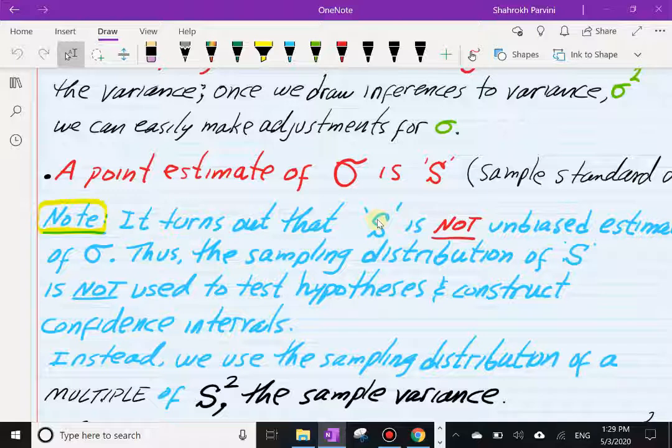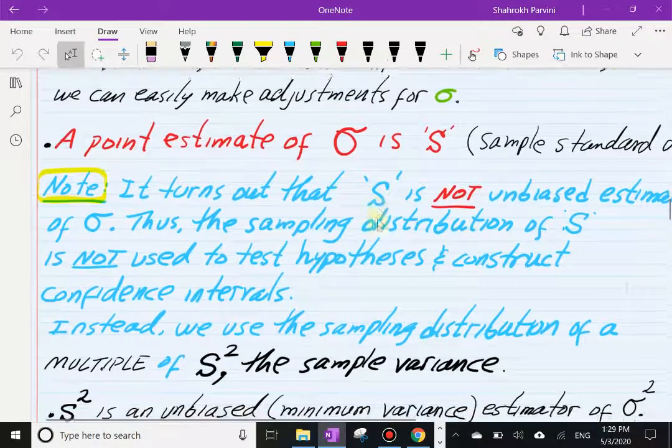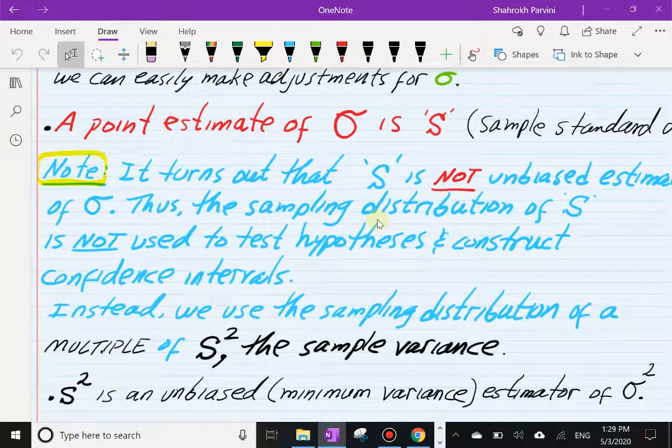So instead, what are we going to do? We're going to use the sampling distribution of a multiple, not even S squared, but a multiple of S squared, which is the sample variance. You'll see what that multiple or scaled version is in a moment. From now on, remember, we're talking about sigma squared. We're going to put sigma aside.